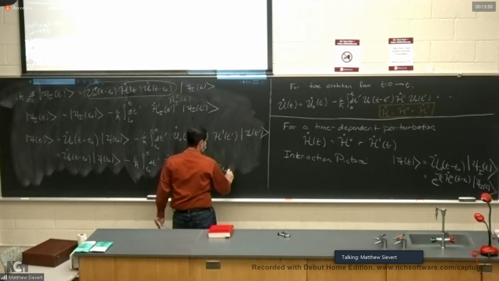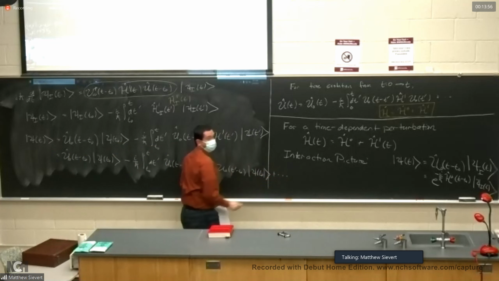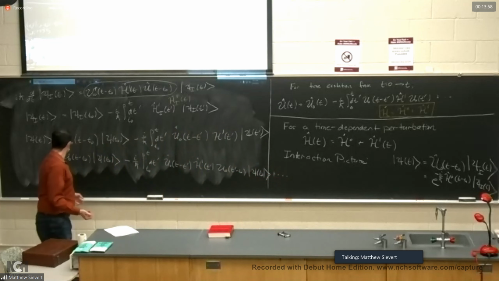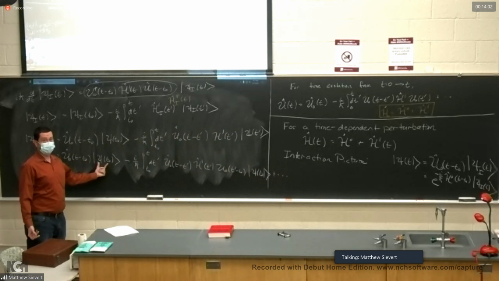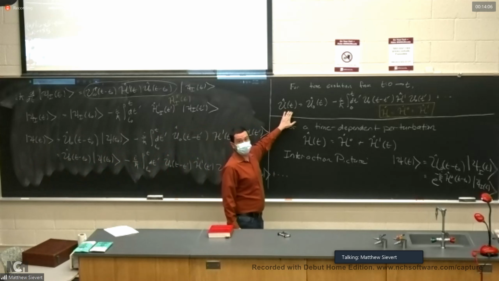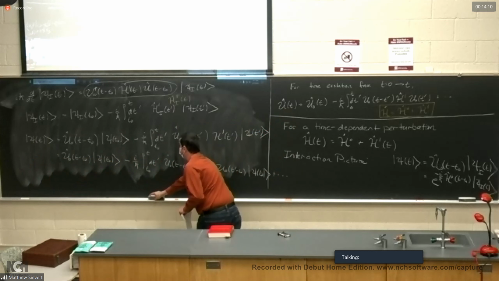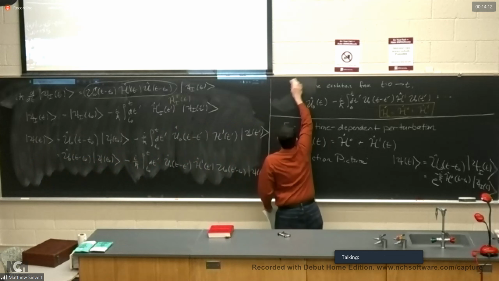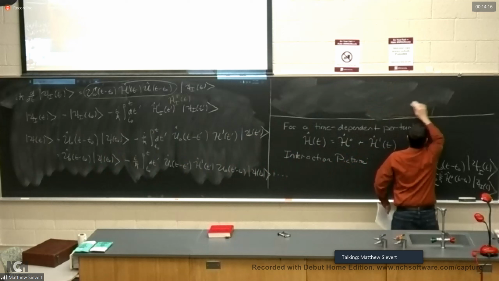So this is U naught of t prime minus t naught, psi of t naught, plus higher order corrections. So this gives me my wave function psi of t in terms of the initial condition psi of t naught, and that's exactly equivalent to defining this propagator. So I can essentially write down exactly the same equation that I'm just erasing.